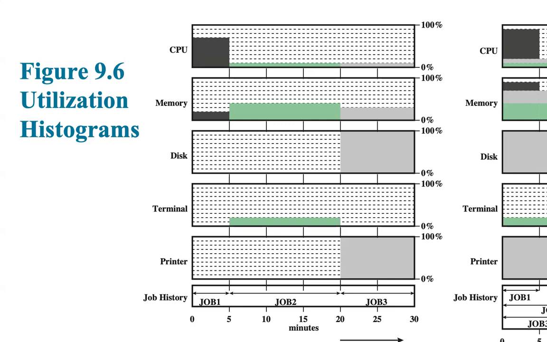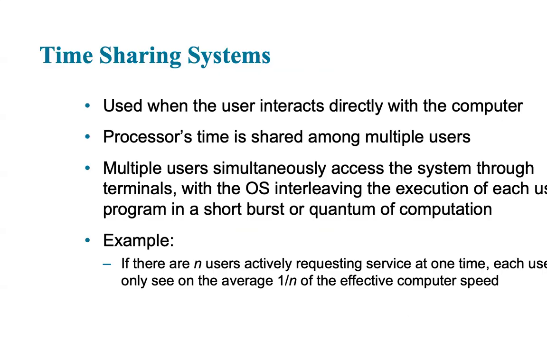We have some operating system features that help us utilize our resources better. Time-sharing systems are used when the user interacts directly with the computer. So this is more what we're used to today, a server and user paradigm. The processor's time is shared among multiple users.